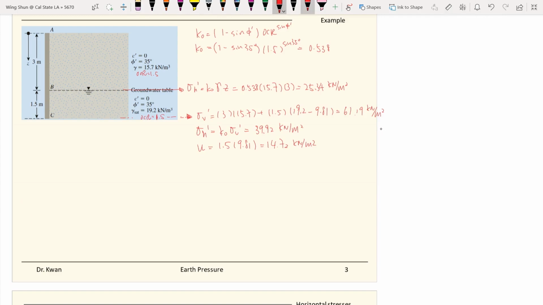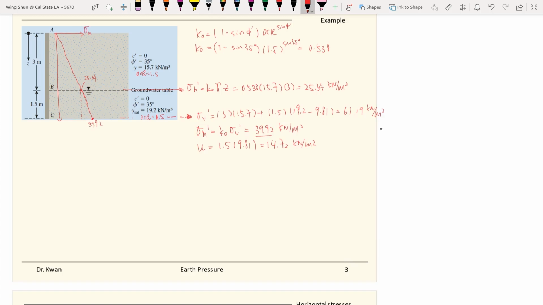For the stress distributions, this part up to this point is 25.34, and we will add the additional stress that we get from the submerged soil, and this part is the stress that we calculated, 39.92.